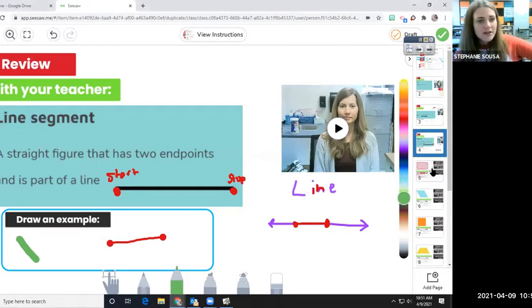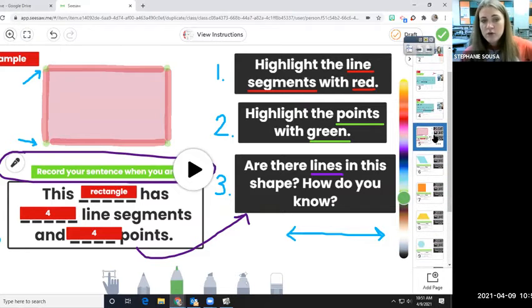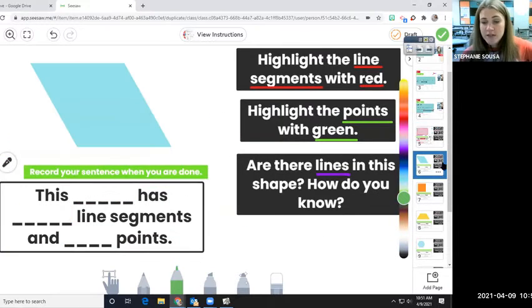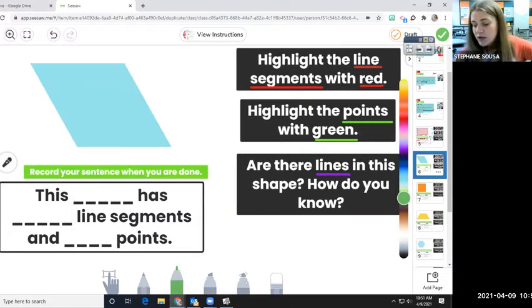It's a terrible idea. All right, here we go. You are going to take a look at labeling shapes. Okay? Slide 5 is a video for you that you can watch if you feel confused while you're doing your independent work. This is just an example. We're going to do one together on slide 6. Instead of watching the video, we're going to do it because we're going to quote, propaganda: learning by doing.